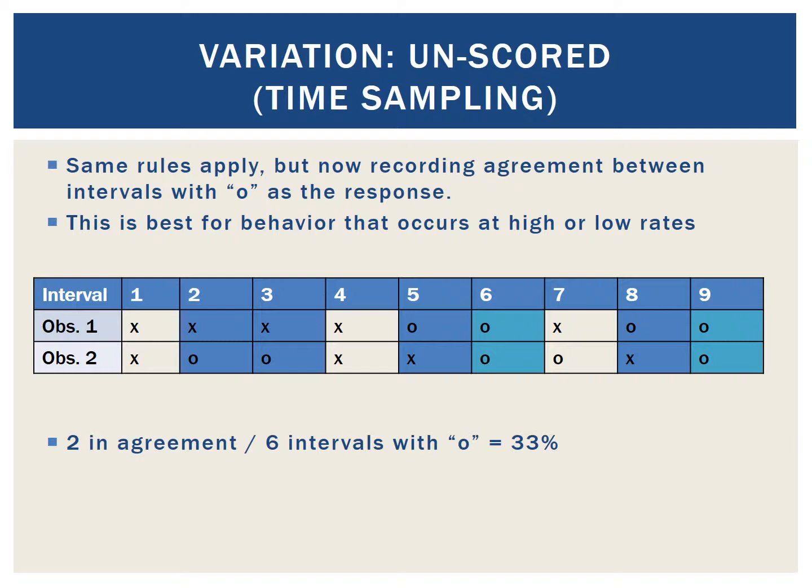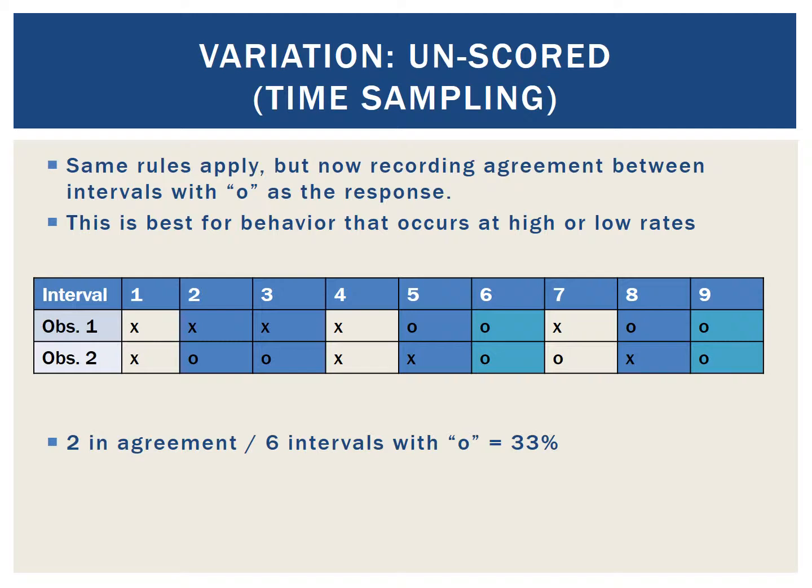When I did my master's thesis, I was observing staff in a residential facility for adults with significant disabilities, and I was measuring the occurrence of positive praise statements or reinforcing statements they made to the residents there. And it happened at an extremely low rate. So out of an hour observation, I might get 3 occurrences.